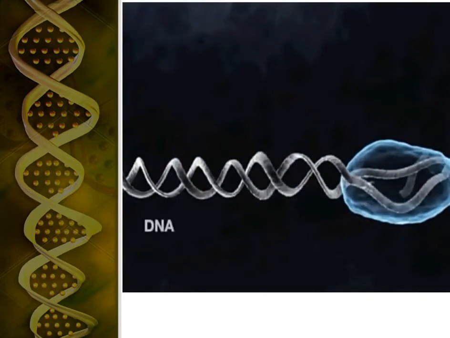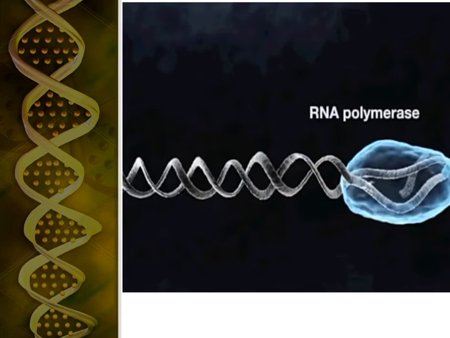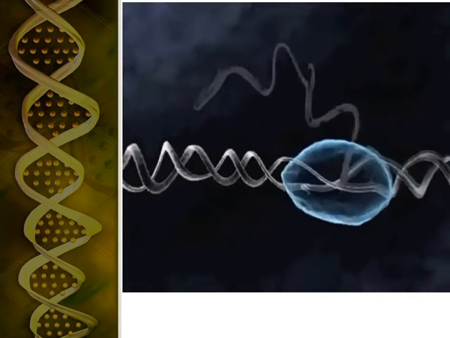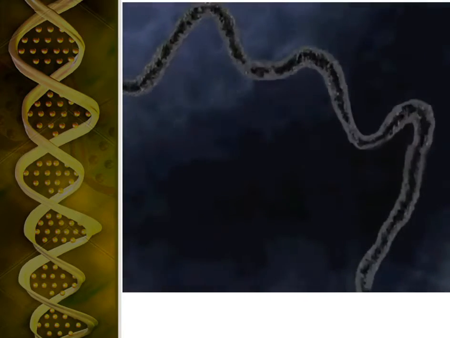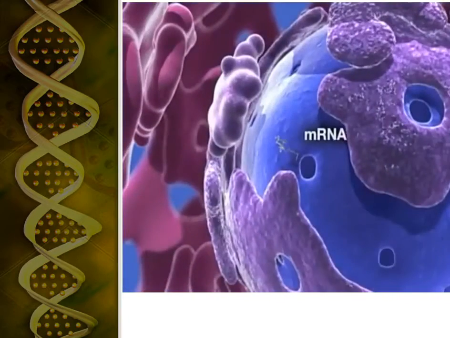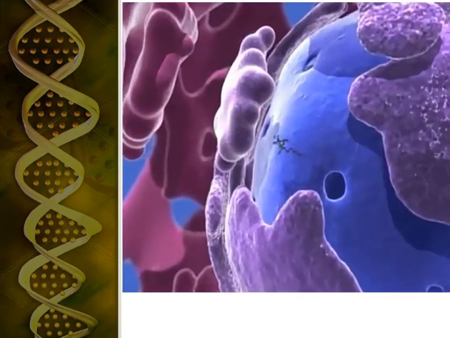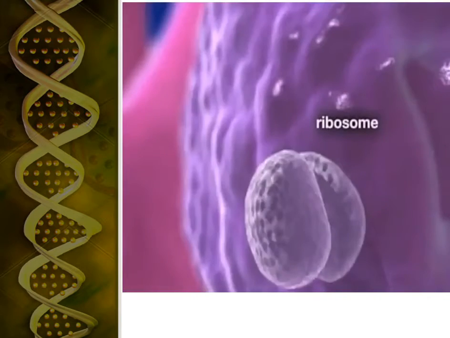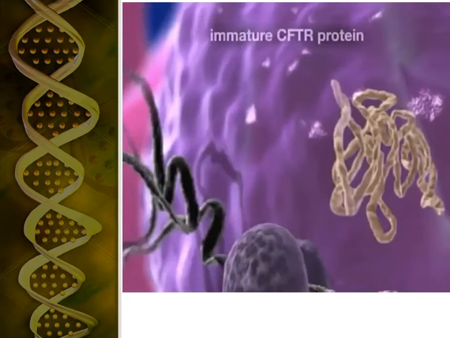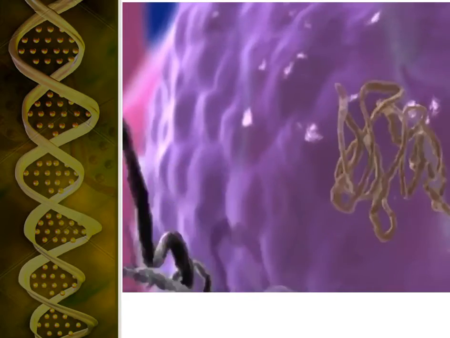Under normal circumstances, the DNA is read and transcribed to messenger RNA, during which the introns are spliced out. The messenger RNA strand exits the nucleus of the cell and travels to the ribosome, where it is translated to the immature CFTR protein product.